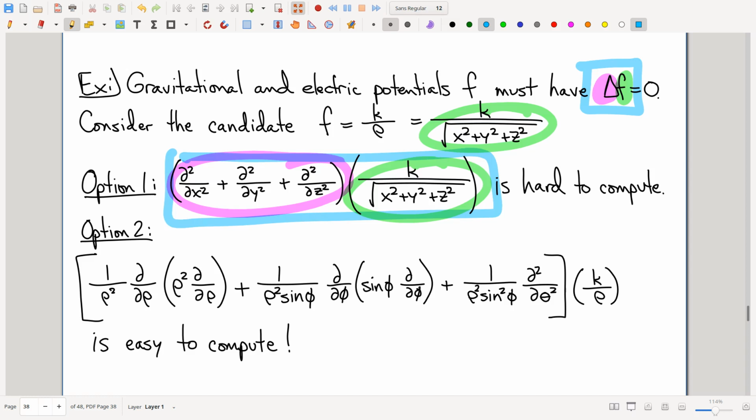And everybody should do this one once in their lives. I've done mine. It's your turn. You don't have to do it now, but there is going to be a homework exercise coming up at some point where you will actually have to directly compute this thing. It's a little annoying, but it's not that bad. It's perfectly doable. It'll take you 20 minutes.